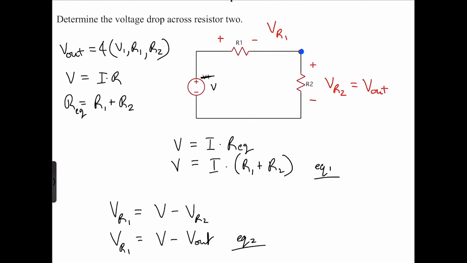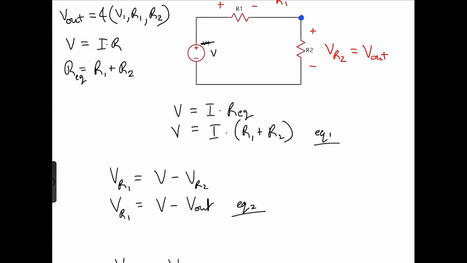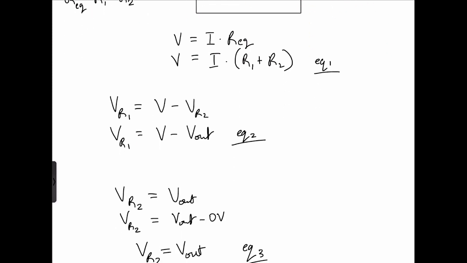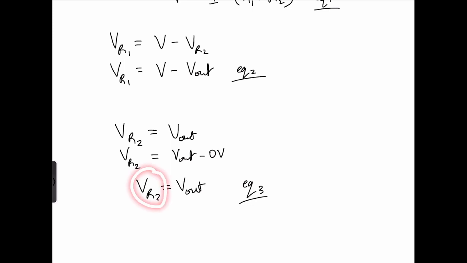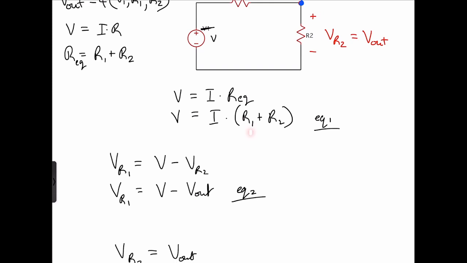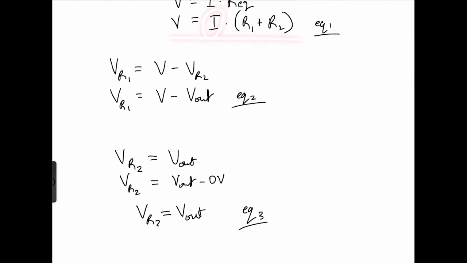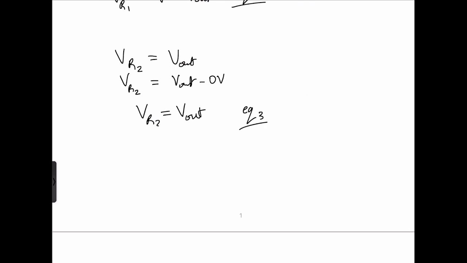We know it has to be a function of V1, or V, which is the source voltage, R1 and R2. Here we see we have R1, R2, and we have V. And in order to get the voltage, we need I, and we can see we have I here. So we have all 3 quantities here, and the I that we need to multiply times the resistance to get the voltage.